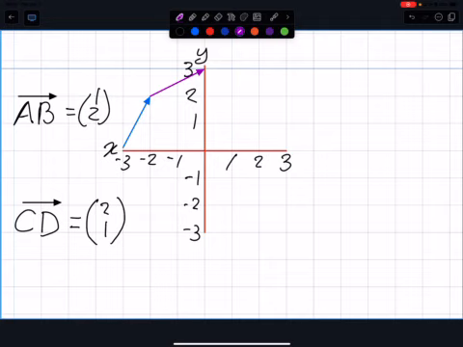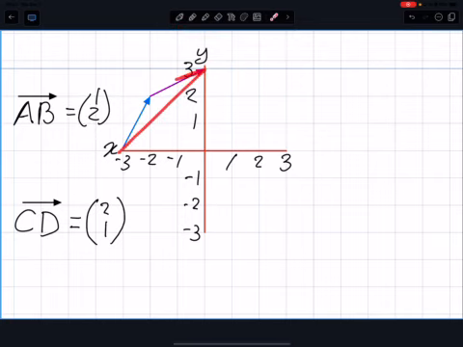If I were to walk in a straight line, what would have been my vector? 1, 2, 3. This would have been my vector. It's poorly drawn.